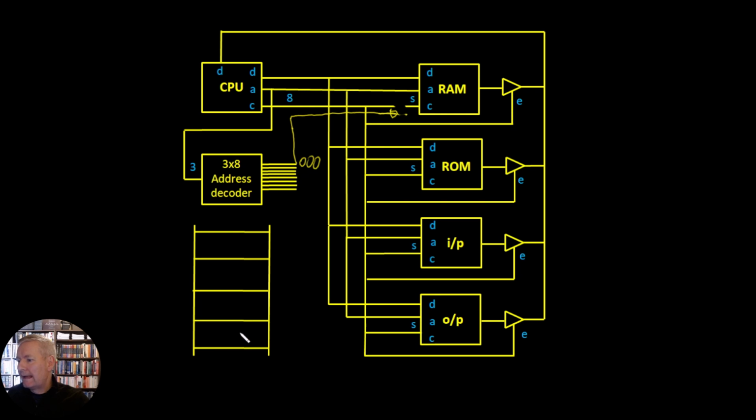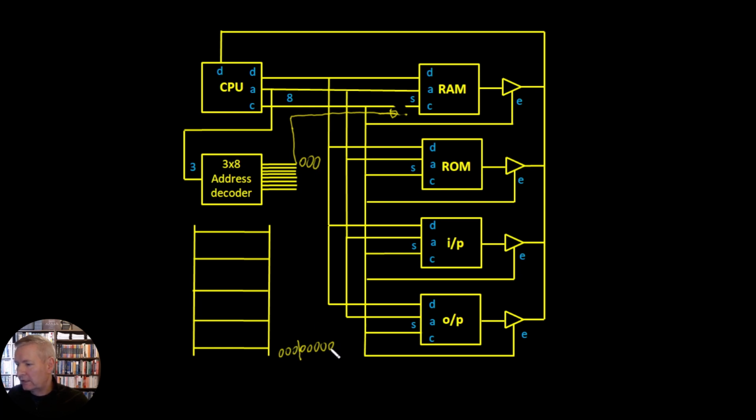So it would mean that the RAM here is addressable from, well, we're going to have the 5 least significant bits. So it's going to go from 1, 2, 3, 4, 5. And it's going to get the 3 most significant bits from here. Going to be 0, 0, 0.